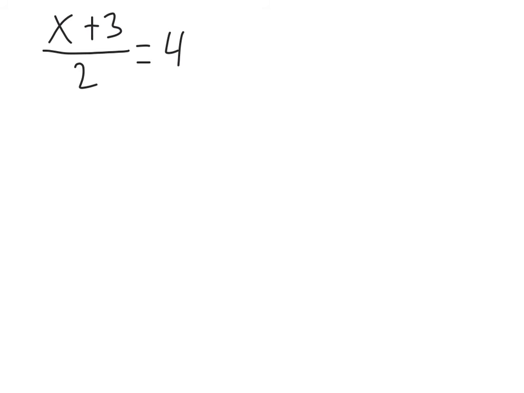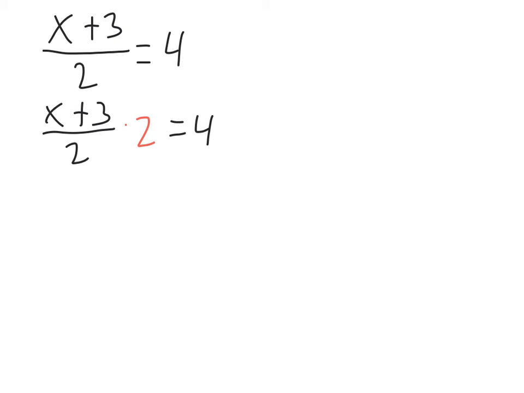So, let's rewrite our equation. X plus 3 all divided by 2. And we need to undo that division. We do that by doing the opposite and multiplying by the number that's dividing. So by 2. And we have the equals 4 here.